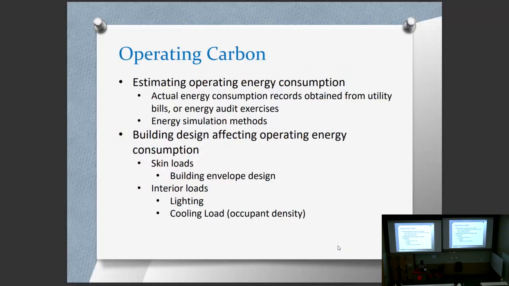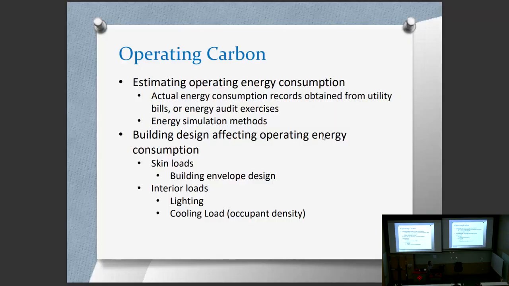Okay, estimating operating energy consumption. Actual energy consumption records obtained from utility bills or energy audit exercises, or energy simulation methods, so we can measure or estimate the operating energy of the building, and then by using some emission factor, we can predict the operating carbon.